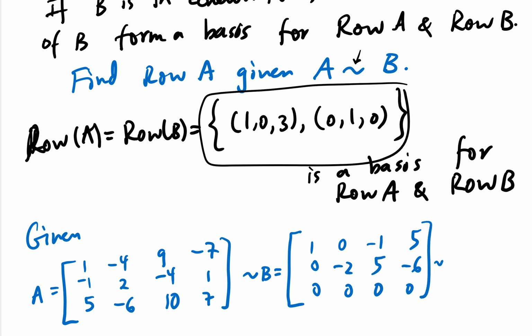And this is equivalent to matrix C: 1, 0, 0; 0, 1, 0; -1, -5/2, 0; 5, 3, 0.